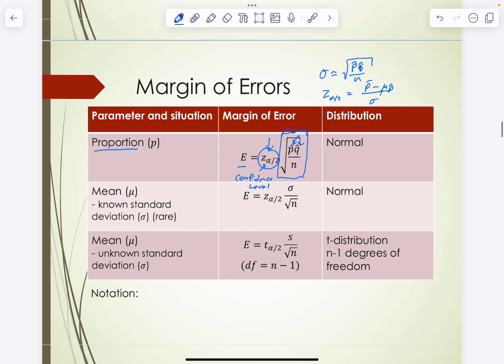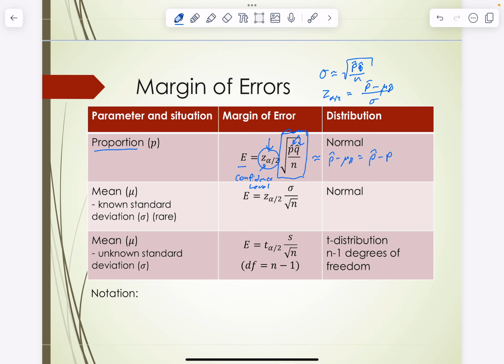And so if I multiply by the standard deviation, this thing here is approximately p hat minus mu of p hat, which equals p hat minus p, because mu of p hat is going to be p.